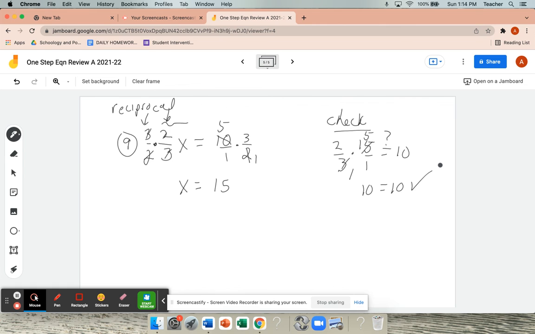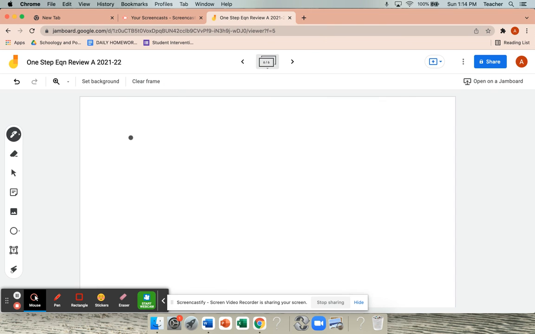Now, I want to do one more, and I want to do it with decimals so that we can remember how to multiply decimals. I think this might be number 10. All right, so let's say we have x divided by 1.4 equals 0.53.